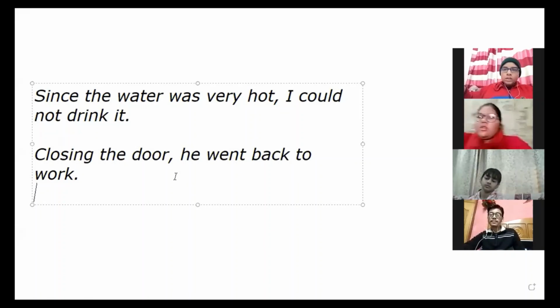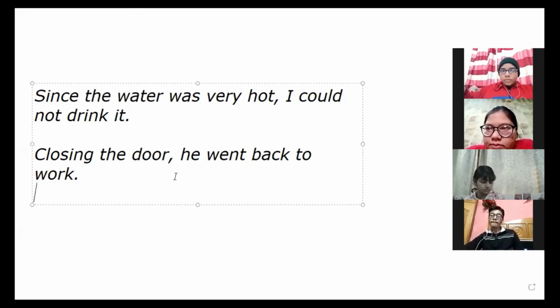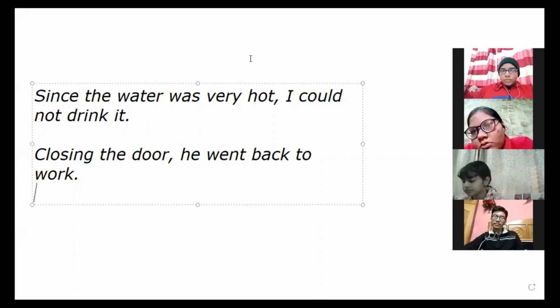He went to work and closed the door. Which action would take place first? You tell me. Close the door, no? You'll close the door and then you'll go somewhere. If you are going out of your house, you'll close the door and then you'll go. So he closed the door and went back to work. Fine? So like that you have to do.